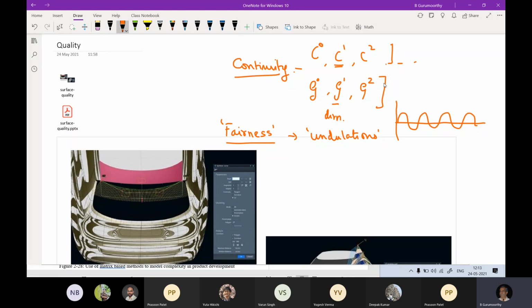We are not so much concerned about continuity in terms of the derivatives. Rather, we are looking at a situation where, despite the fact that the derivatives are all continuous, I may still deem the surface to be of poor quality from an application perspective. What I'm going to do in the next 2-3 slides is to reflect on some techniques that people have come up with to track where these undulations are, and then try and fix them.